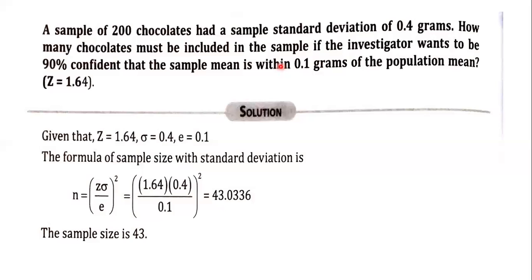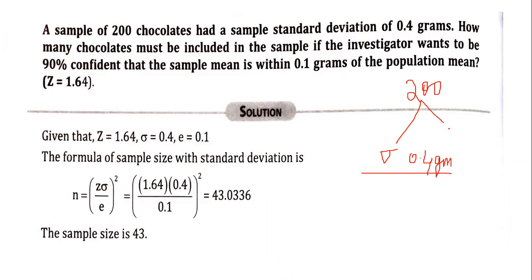That is the mean. So there were 200 chocolates which were taken as the sample. The standard deviation was 0.4 grams; we knew the standard deviation.